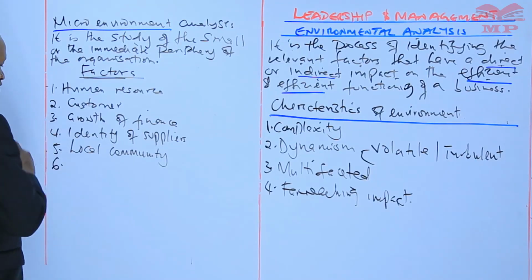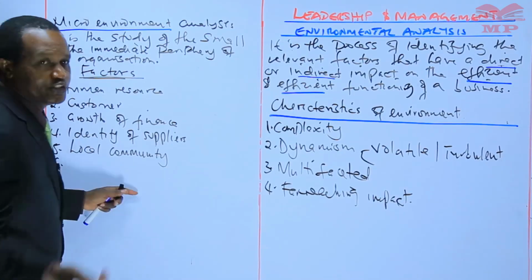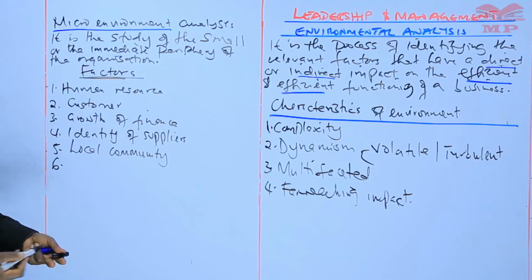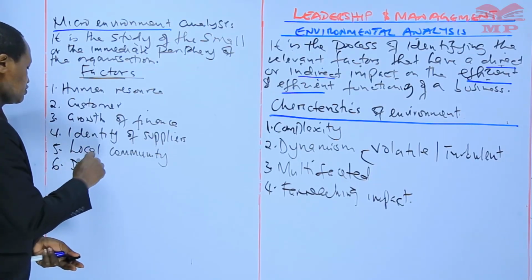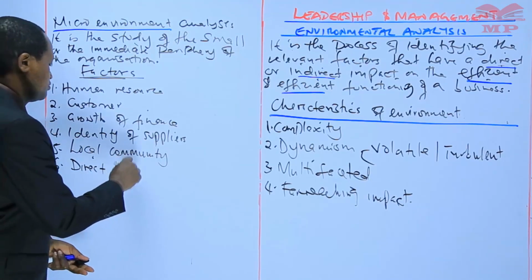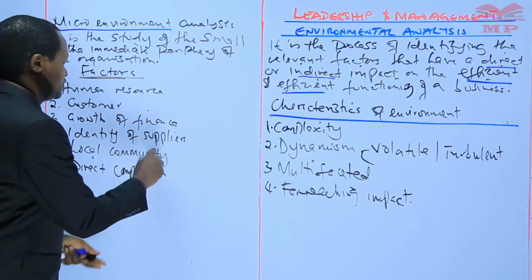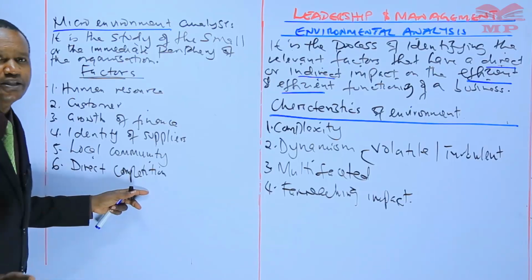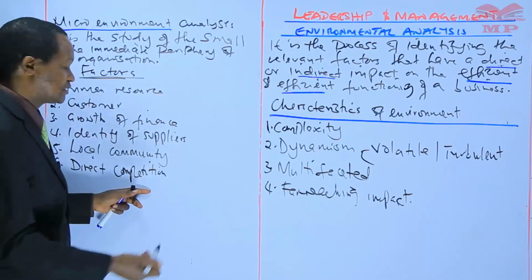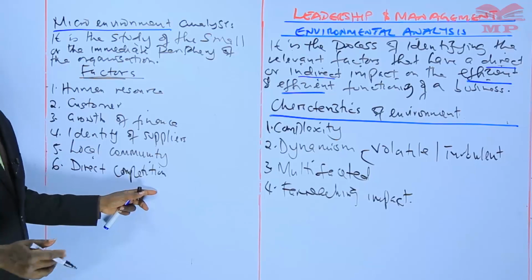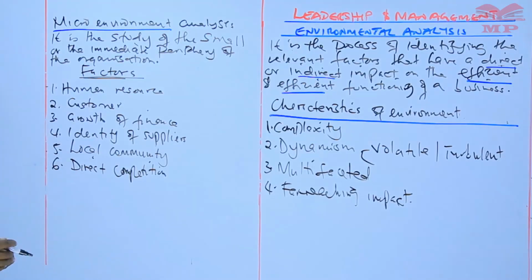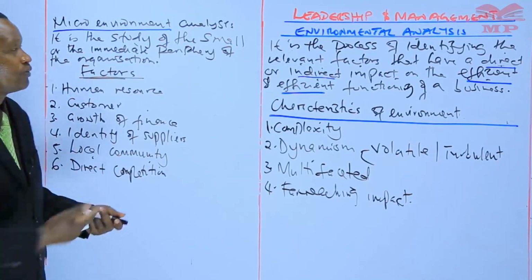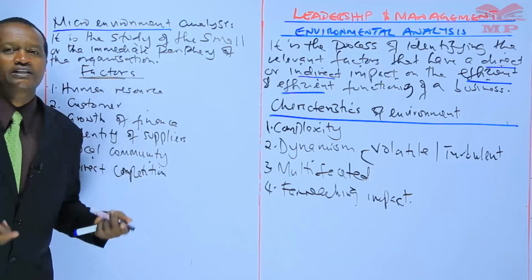Six, you can mention the competition, the direct competition from competitors. It analyzes the direct competition, the present competitors, the competitors of the farm and their performance in the industry. So these are some of the factors that are to be analyzed when carrying out microenvironmental analysis.